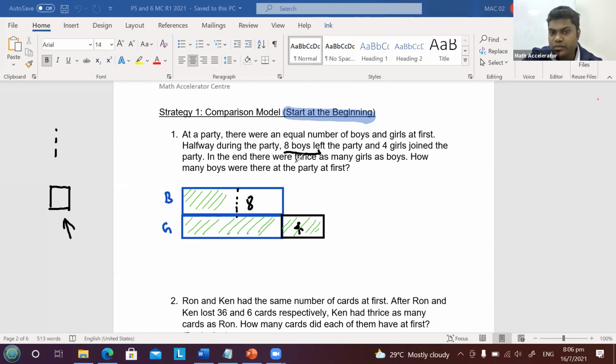In the end, there were thrice as many girls as boys, which means now girls, this whole thing here is 3 units. And this part here is just 1 unit. So what is the difference in terms of unit? Can you all type in the chat?